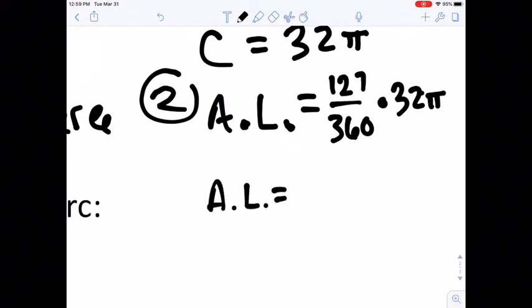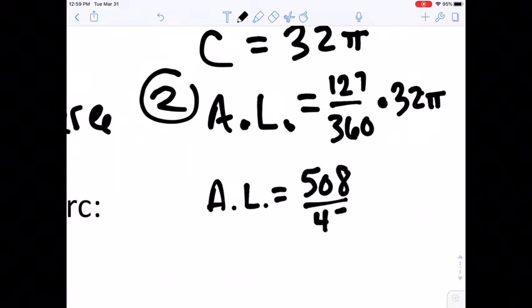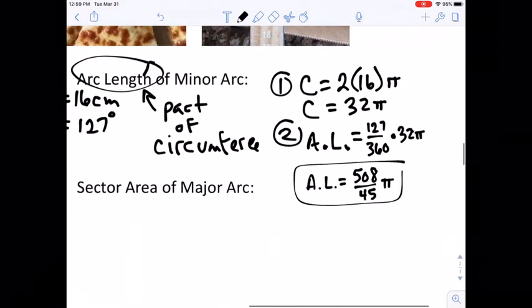But I use the Calculate 84 app that I suggested you download, and I have it on my phone. You type in 127 times 32 divided by 360, and you'll get a decimal, 11 point something. Then you hit math, and the very first choice is to change it to a fraction. So math, enter, enter, and it will give you 508 over 45 pi. That is the answer for arc length.